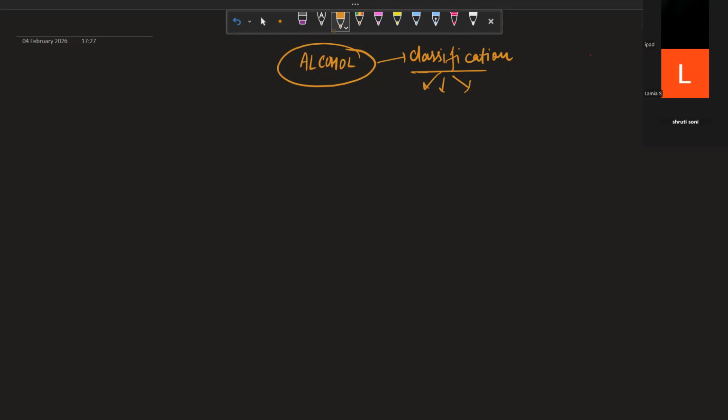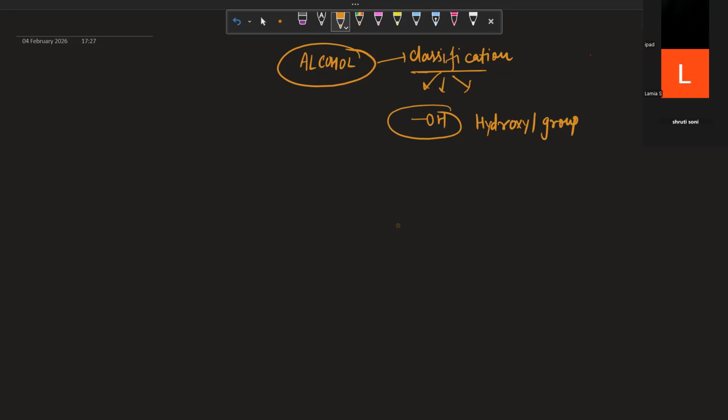This is known as the hydroxyl group. I don't know why I kept saying alcohol. And then what kind of carbon it's attached to.